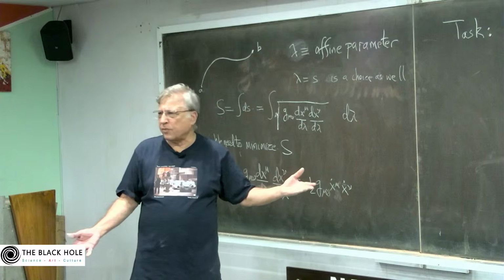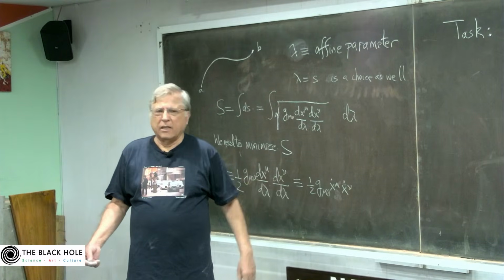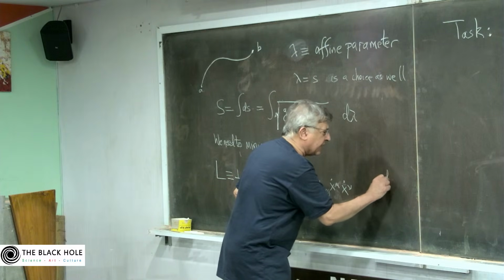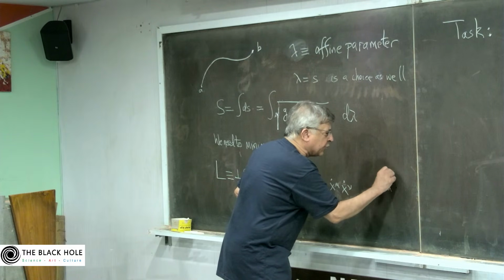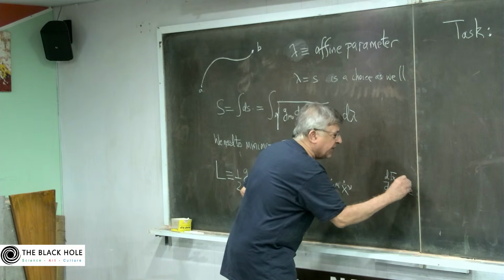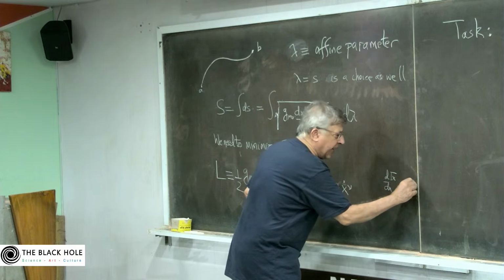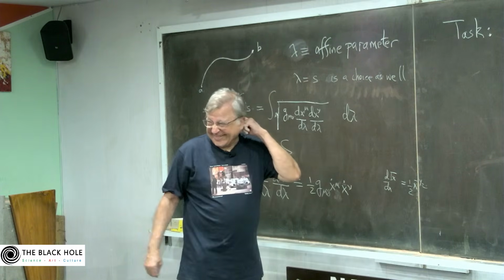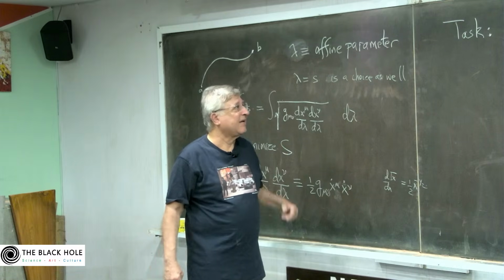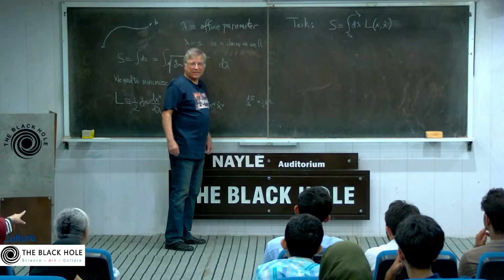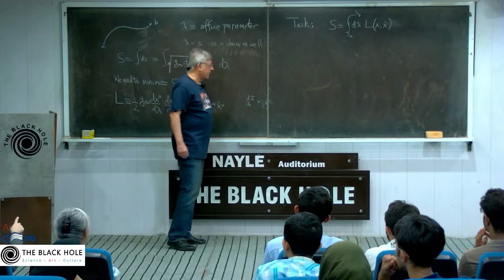I could, there's no problem, but look, d by dx of square root of x is half x to the minus half. But it should be s squared, right? The definition of L should have a square.